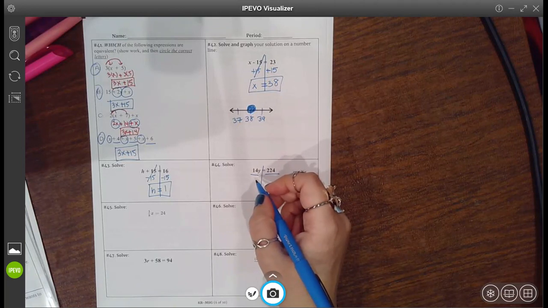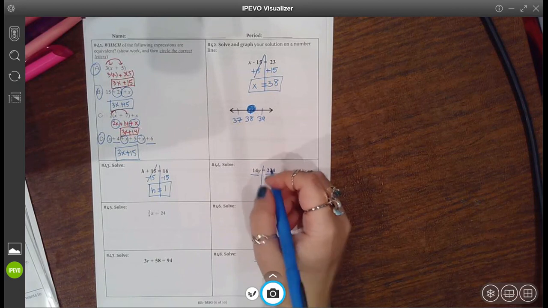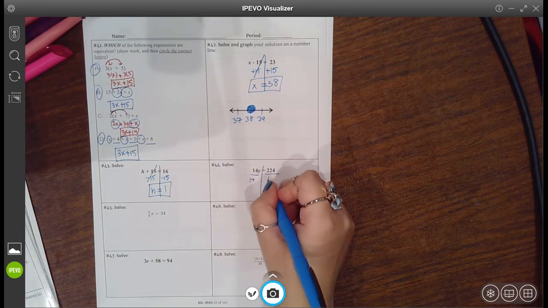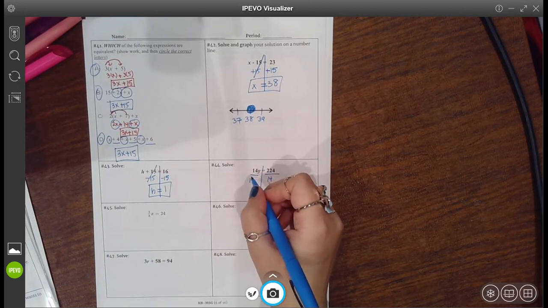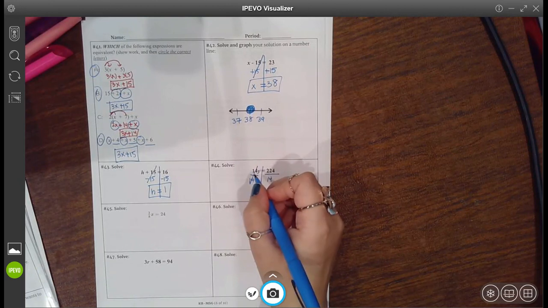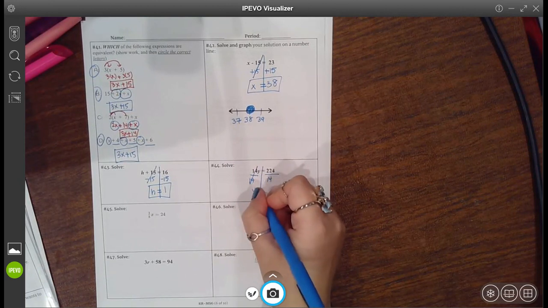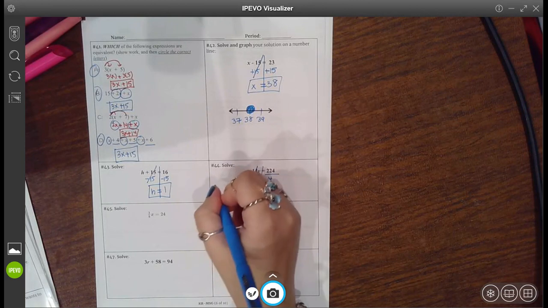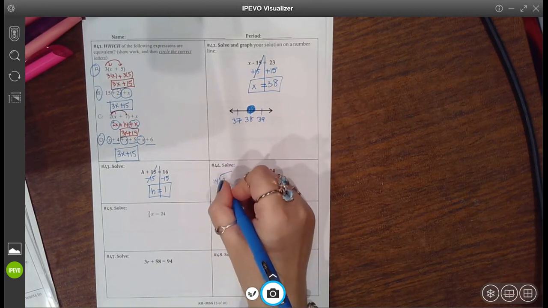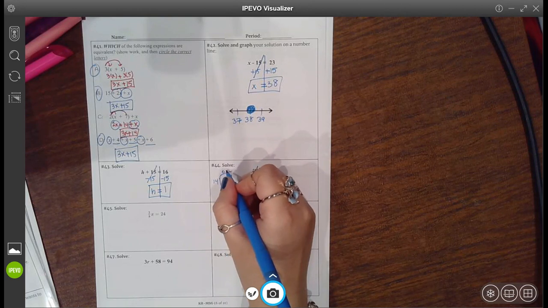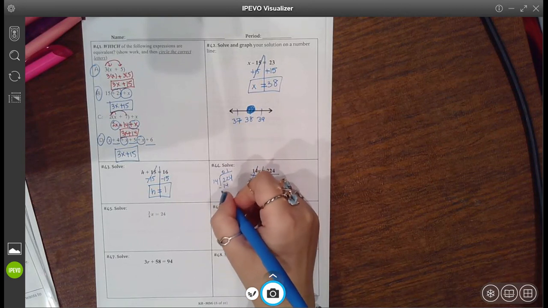The inverse of multiplying, because when you have a number touching a variable, that means you're multiplying, is dividing. So I'm going to divide both sides by 14 because any number divided by itself is 1. And 1 times y is just y. Now you have 14 into 24. 14 can't go into 2, but it can go into 24 once.